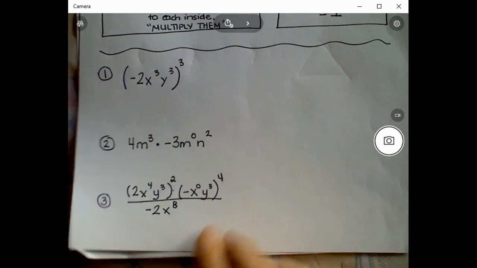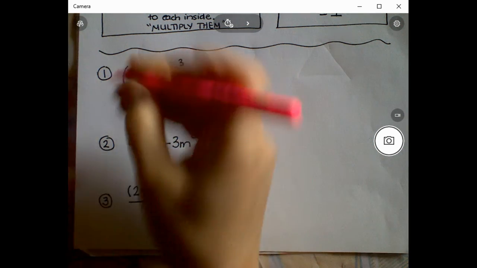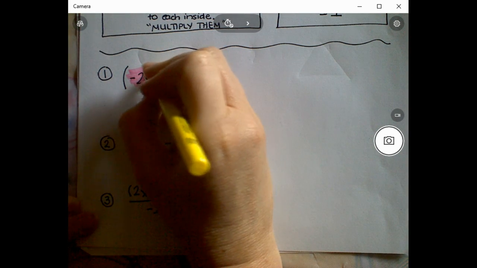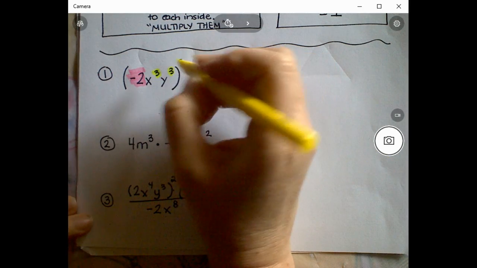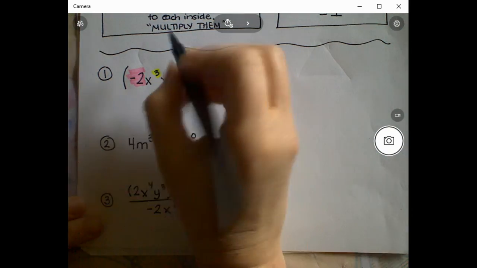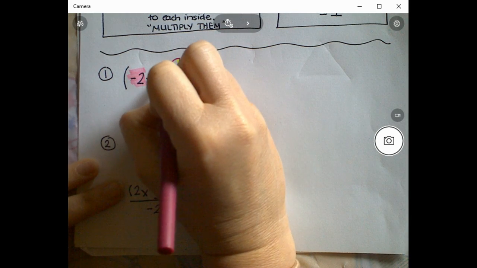All right, so here are 3 examples that we'll do really quick just to make sure that you got it. Again, this big number in the front is the coefficient, and the exponents right there. And then we have the extra exponent on the outside that we're going to use. This is the power rule, which means that we're going to multiply the exponents.